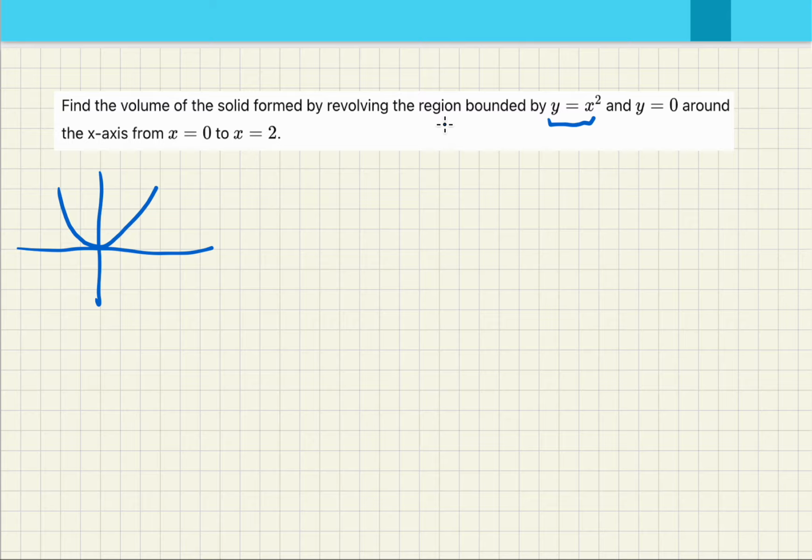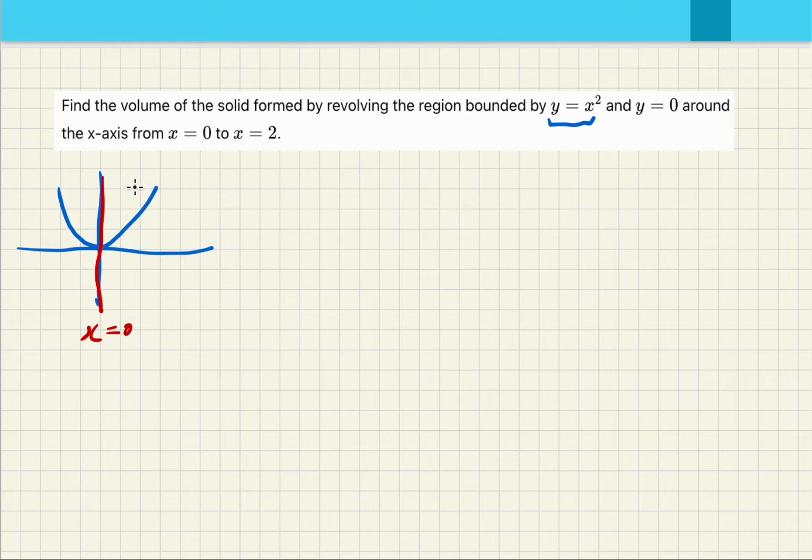And in this case, it says it's bounded by this equation, y equals 0, and around the x-axis from x equals 0 to x equals 2. So x equals 0 is a vertical line. It's this line. That's x equals 0.